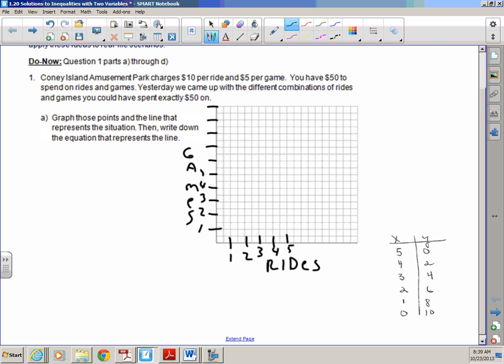So just give me a moment to label these axes. And again, I went anywhere from 10 games and no rides to 5 rides and no games. And then I can even plot the points in between just to make it a little bit more accurate.